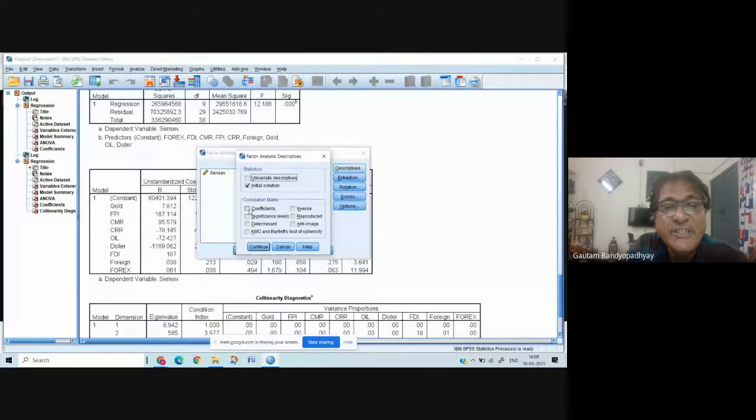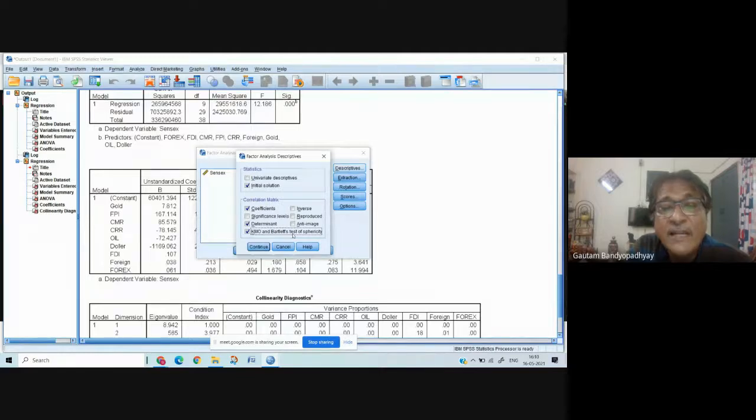We have to select Coefficients because it gives the correlation matrix. It gives the determinant, that is the value of the determinant of the correlation matrix, as I already told you. And KMO, that is the measure of sampling adequacy, which is used for dimension reduction. And Bartlett's test of sphericity, this is the hypothesis test. We have to select it.